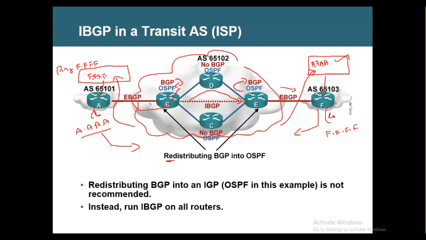Why? Because I don't have BGP on these routers. We have BGP only on the border routers. Because you don't have BGP, we have to carry using OSPF. OSPF carries it to the other side.